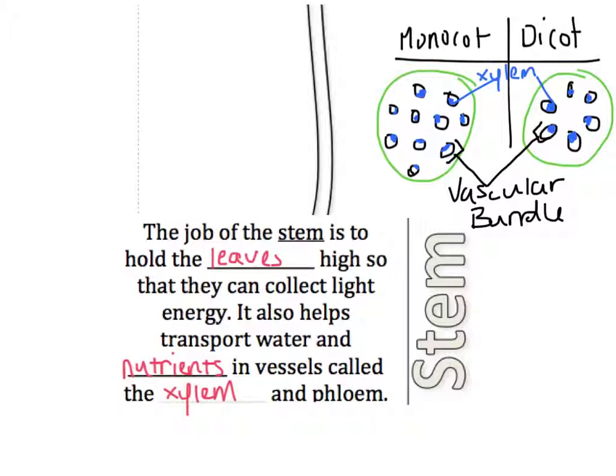On the outer edge, in comparison, we have the phloem. So the outer portions of these bundles are all the phloem, or the location of where we have the phloem. So again, the outermost portion of each vascular bundle.